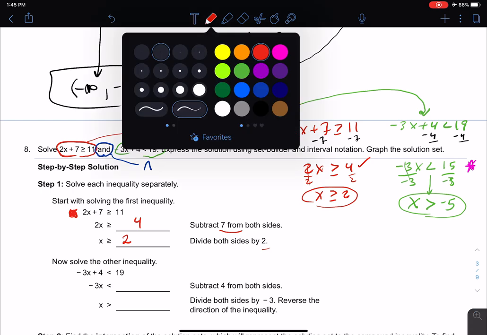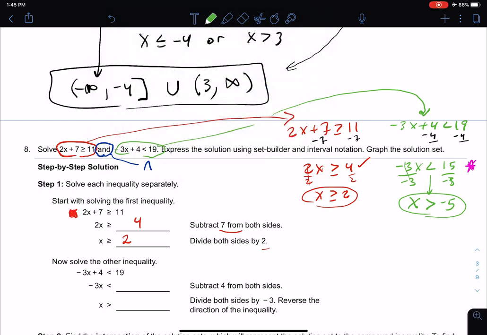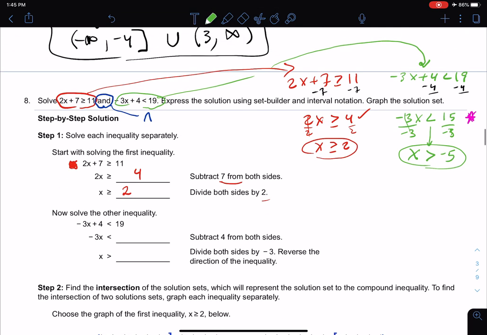Then I did the same kind of problem in green over here. The green problem, rather, is this guy. It's not the same problem as the red, but anyhow, there it is. And it says first you want to subtract 4 from both sides, and I did that. When I subtracted 4 from both sides, we end up getting 15 on the right. And then it says divide by negative 3, and I did that.